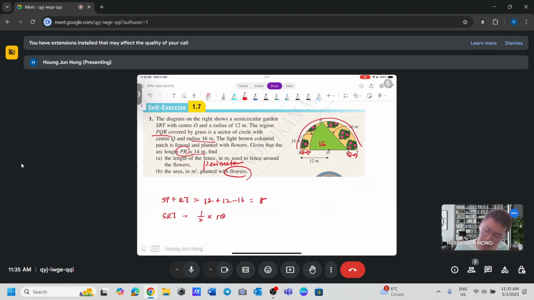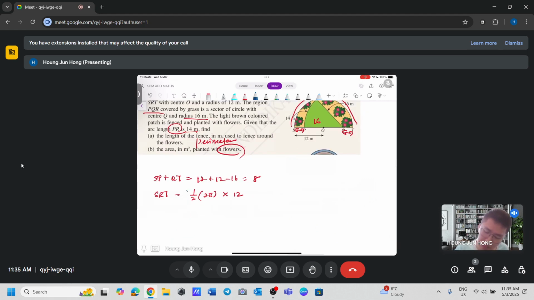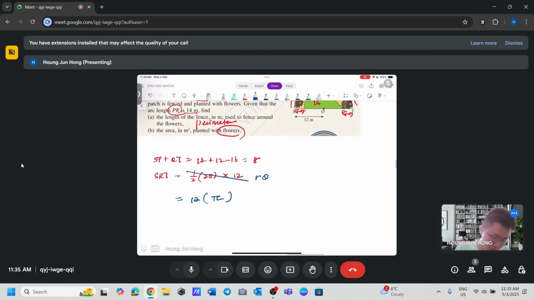Actually, I should say half times your total angle, which is 2 pi, since 360 is 2 pi, and then multiply by the radius. Or put it simply, it's just r theta, where r is 12 and theta is pi, as pi is 180. So it's 12 pi, which if you convert it is 37.7 meters.